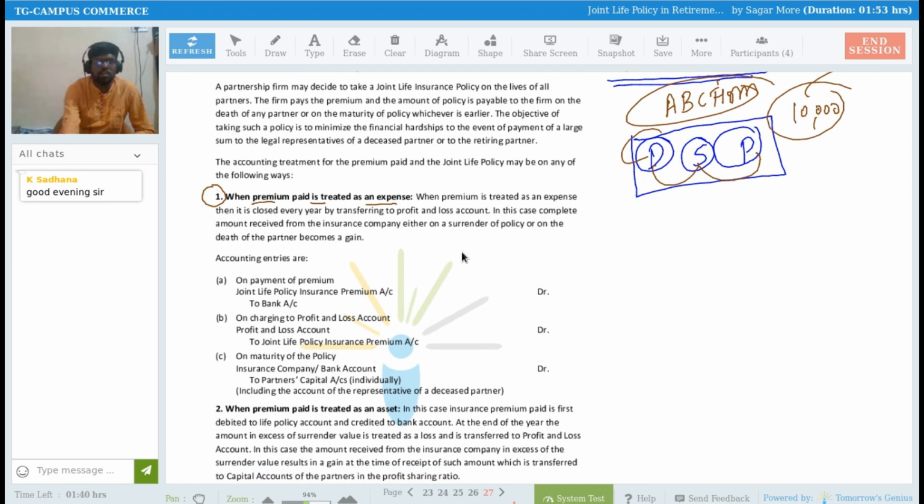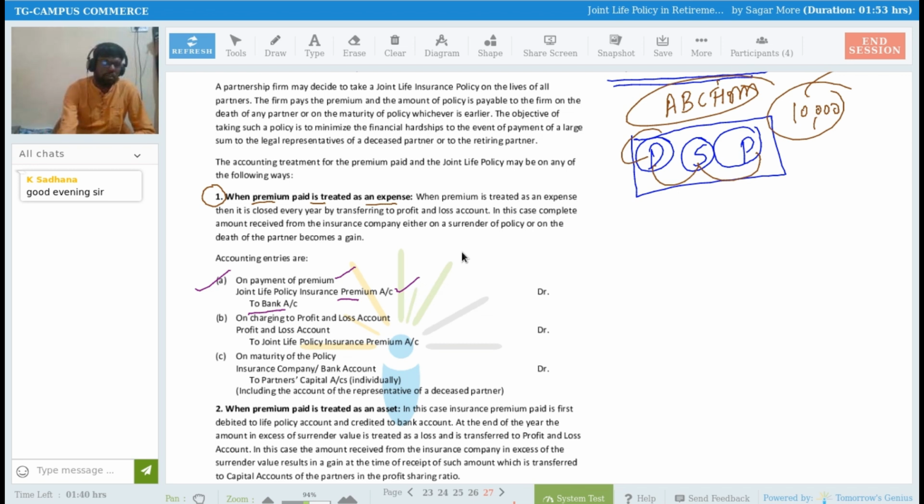See, accounting entries on payment of premium: joint life policy premium account debit to bank account, simple. If you are making payment of rupees 10,000 of premium towards the insurance company, you will be debiting the expense, and the name of the expense is joint life policy premium. We debit the joint life policy premium account, right?